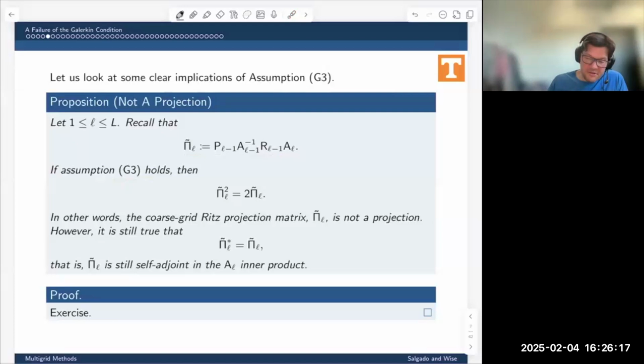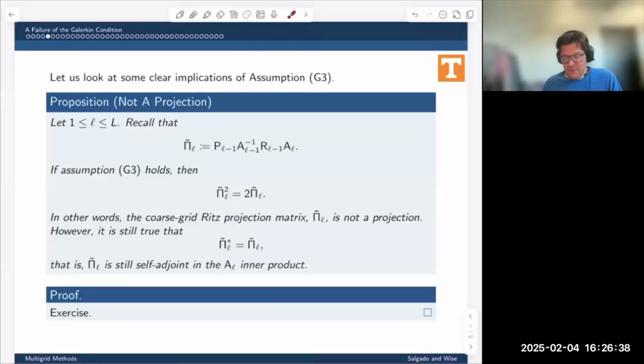So that means we probably should use something else here. Now, I'm not going to go that far. That's draconian. So we're still going to call it the coarse grid Ritz projection matrix. It's just not going to actually be a projection matrix, if that makes sense.